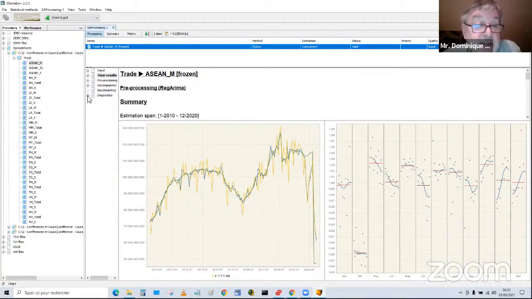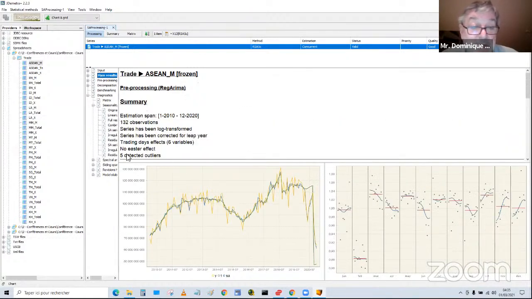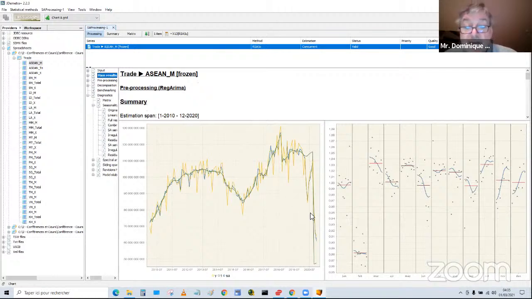So diagnostics, seasonality, and I will go to the linearized time series. Why? Because I saw very quickly that I have 5 detected outliers. In particular, I have outliers, of course, at the end of the series with the COVID effect. So outliers will probably jeopardize a bit the computation of the test.